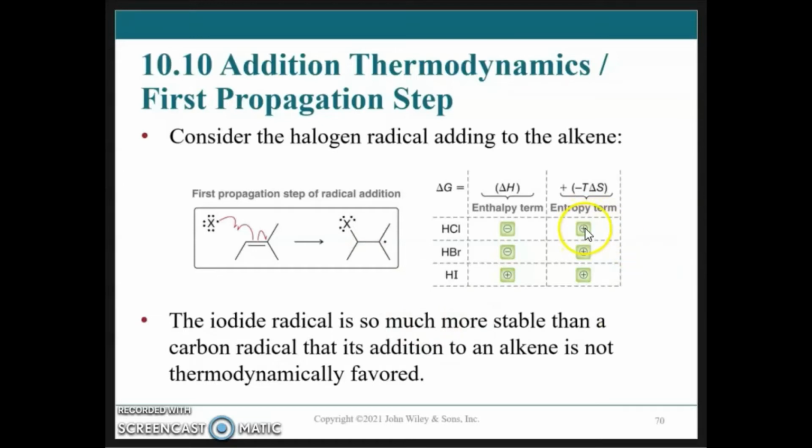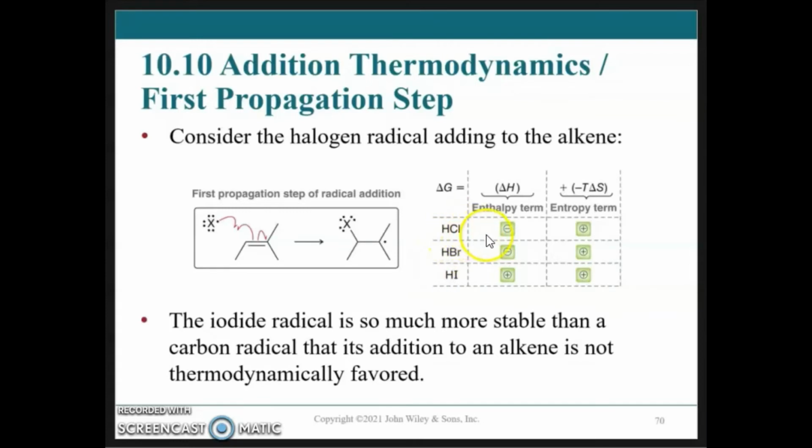So our entropy term is going to be positive, regardless of the identity of the halogen. So there's going to be no entropic contribution to this reaction being spontaneous. We're going to need to have an enthalpic favorability that's large enough to offset the positive entropy term.